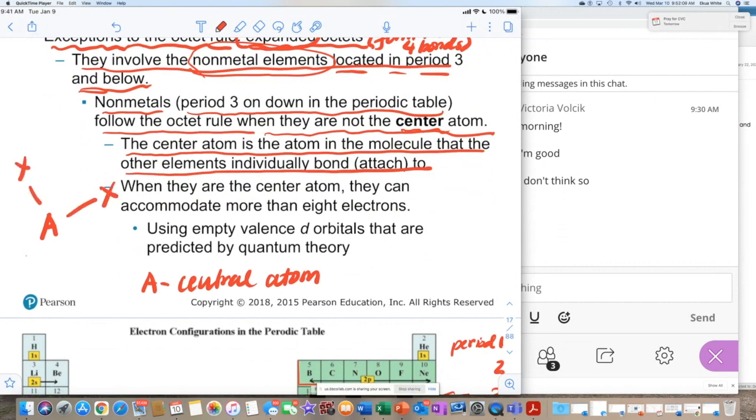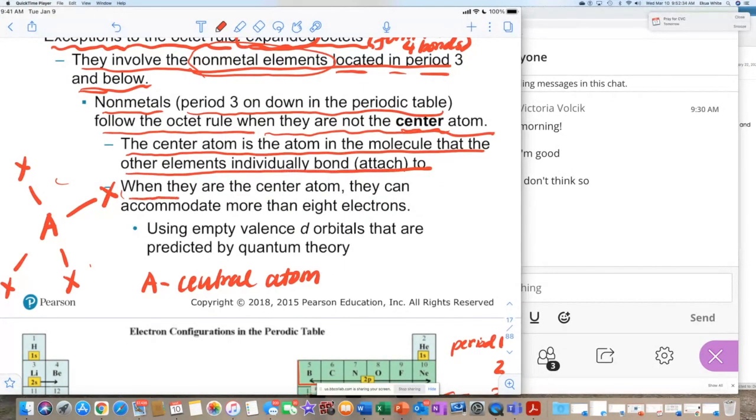So my generic surrounding atoms will be X. So you want to make sure when you're drawing your Lewis structure that the central atom has the ability to bond to many other atoms. For that reason, when we're talking about the rules, we will never pick hydrogen as the central atom, because hydrogen can only form one bond. That is not a good central atom.